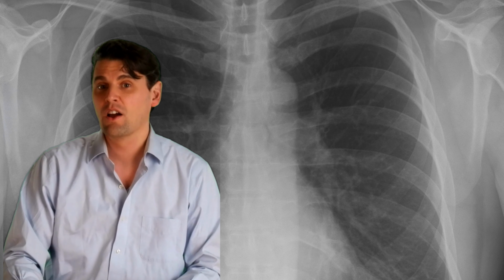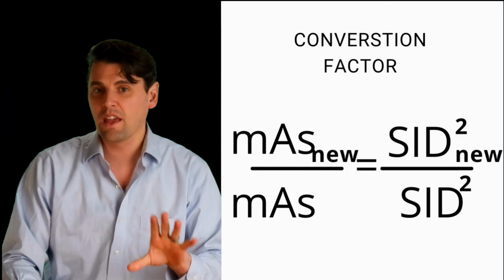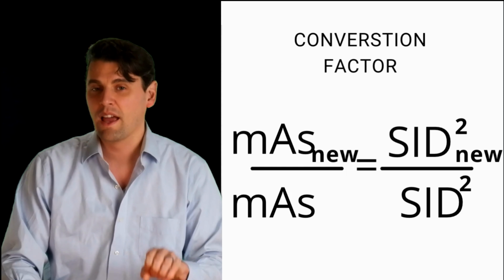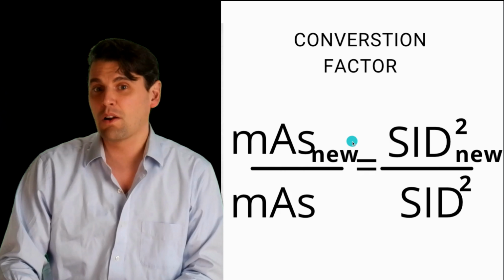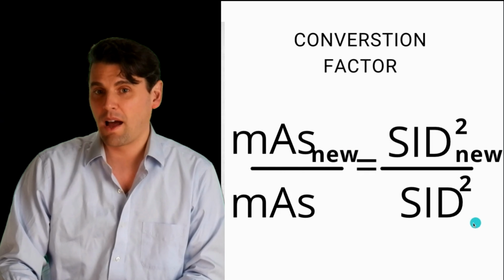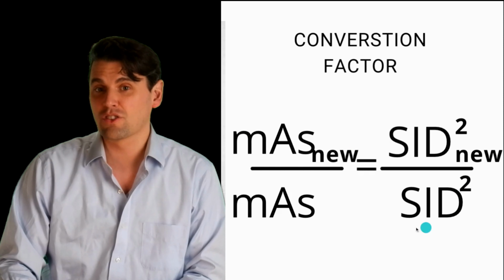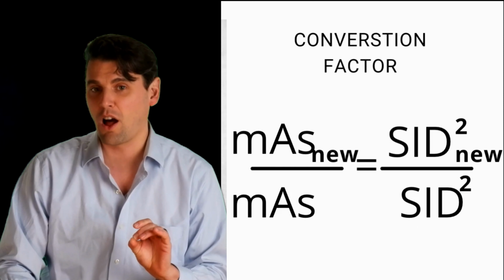But specifically for the SID, the equation you need to know is that mAs new equals mAs original times SID new divided by SID original, and these are squared, just because we have an inverse square law.